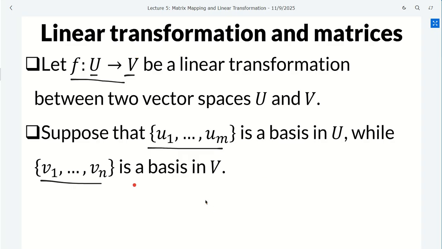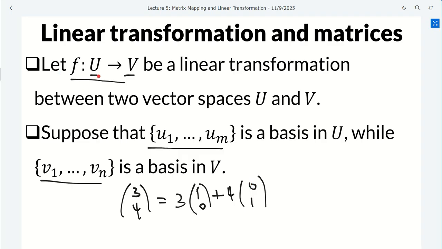So a practical scenario is when we have a vector 3, 4 over here, which you can express as 3 times 1, 0, plus 4 times 0, 1, right? Now that is my U, and these are the bases.